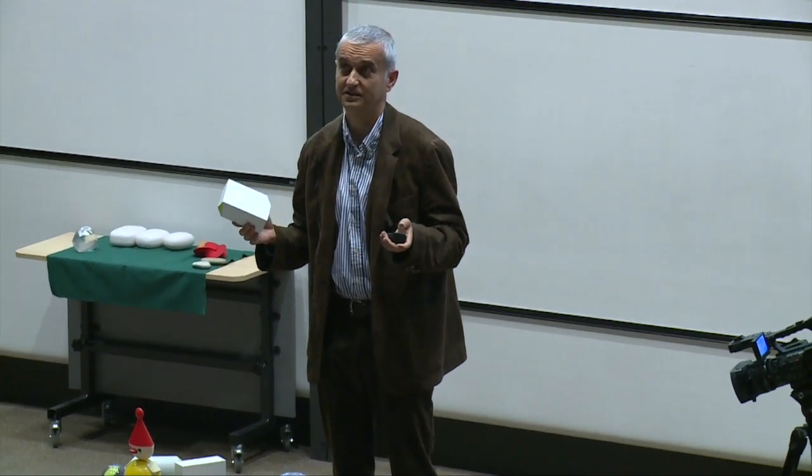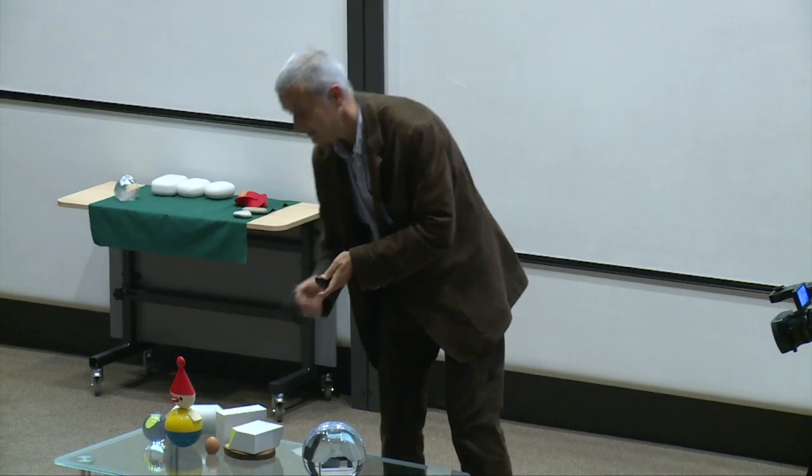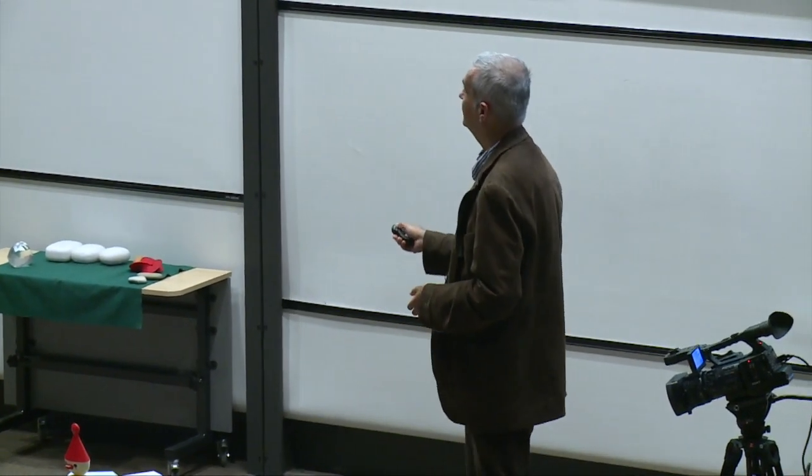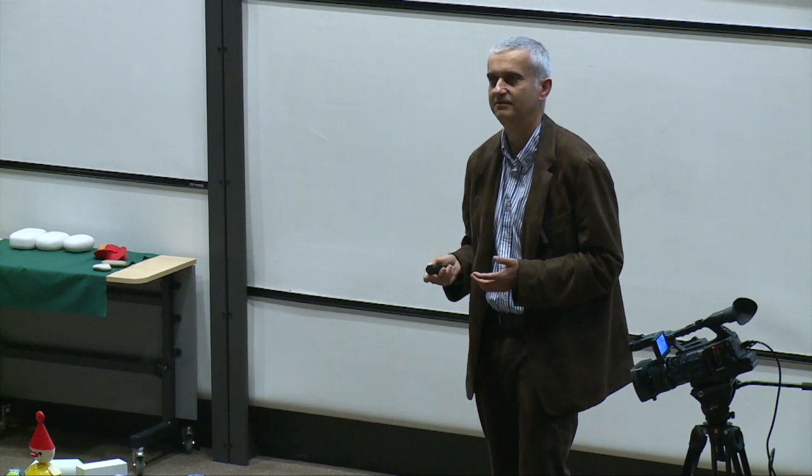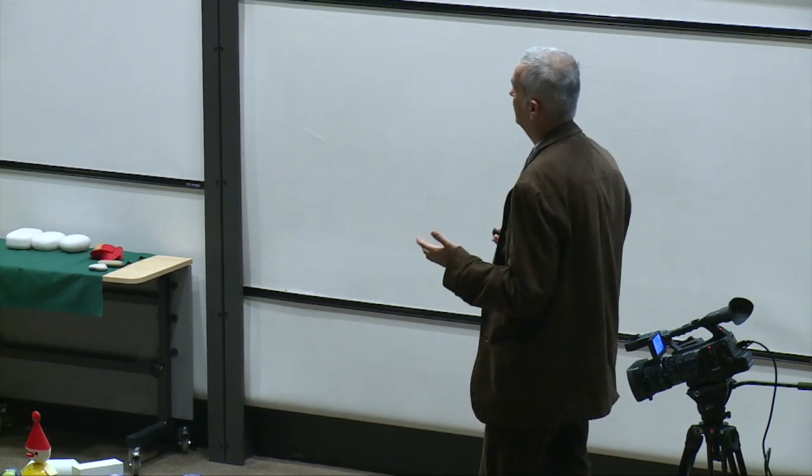But I never said what is sufficiently small. This depends on the shape. So in a natural process, the pieces being chopped off, let's say they are roughly constant. What is sufficiently small depends on the shape, and that may vary. And when this actual piece is below the curve, then the number of equilibria goes up, otherwise it goes down. So anything can happen. We don't have any prediction for the average.